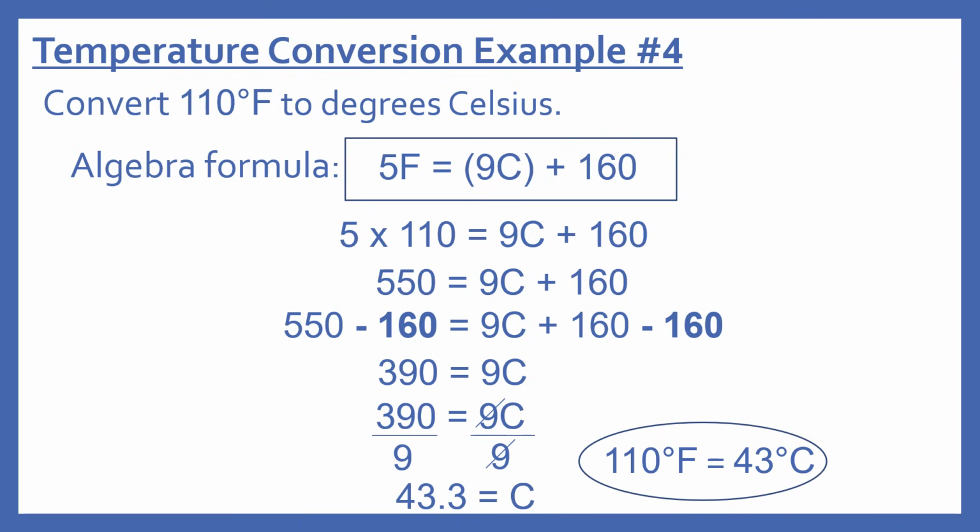Now we're going to subtract 160 off each side, and that will leave us with 550 minus 160, which is 390, equals 9C. Divide both sides by 9 to get our C by itself. 390 divided by 9 is 43.3, and that equals C. So that's our Celsius. So 110 degrees Fahrenheit equals 43 degrees Celsius.